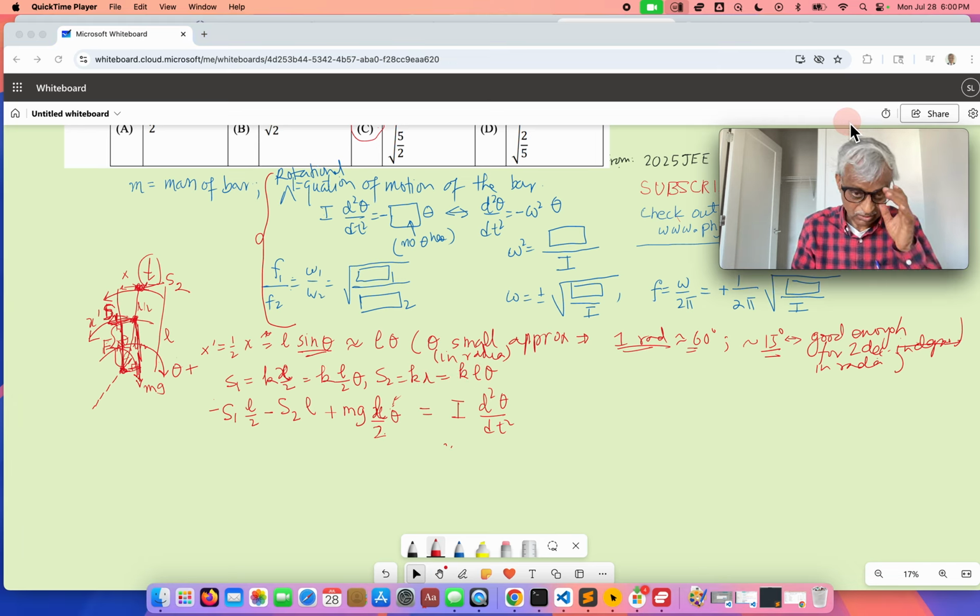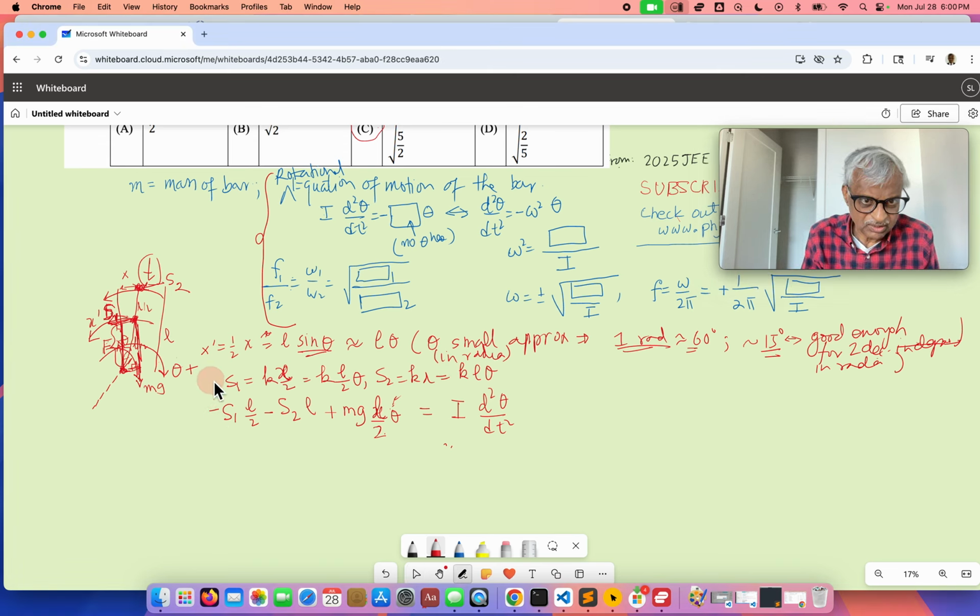So putting these guys in here, I will get minus k L square over 4 minus k L square times theta, plus mg L over 2 times theta equals the same thing on the right side.